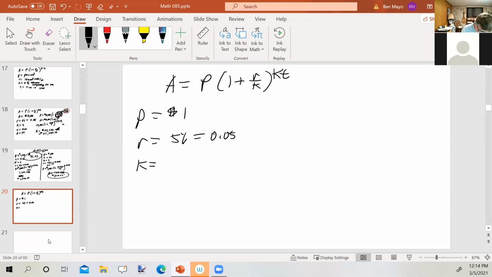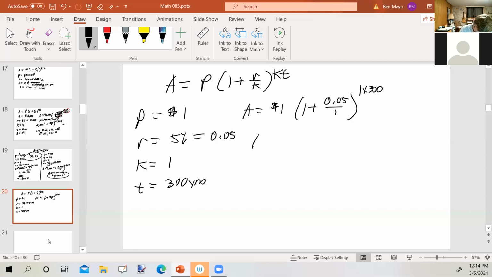It's compounded annually, so k is just 1. From July 4th, 1776 to July 4th, 2076 would be 300 years. So A equals $1 times 1 plus 0.05 over 1 to the 1 times 300 years.